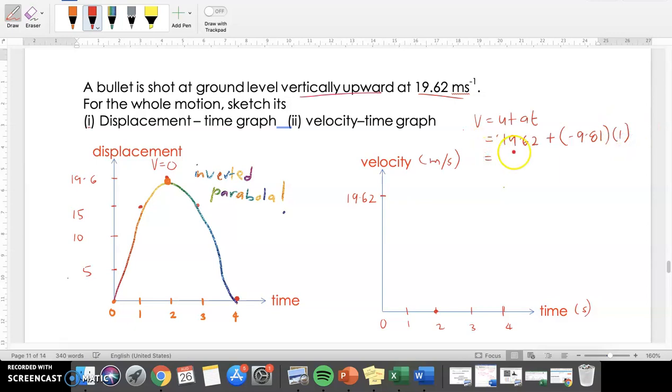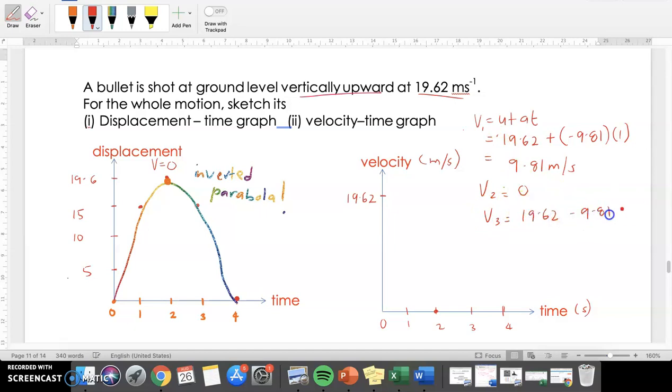So this becomes 9.81. It's still a positive meter per second. This is at time 1. So at time V2, we already know it's a 0, and at time V3, we don't know. So let's just try to plug in the numbers.